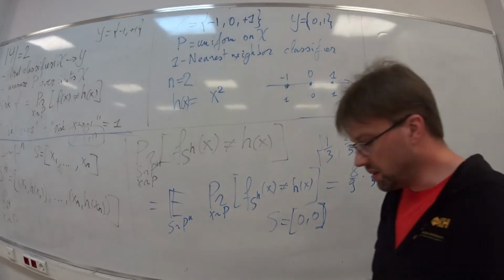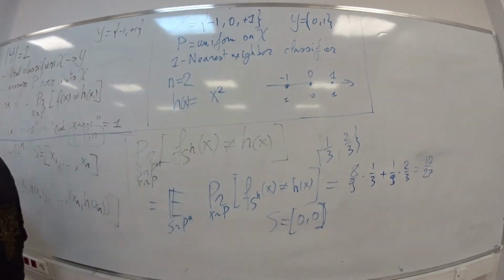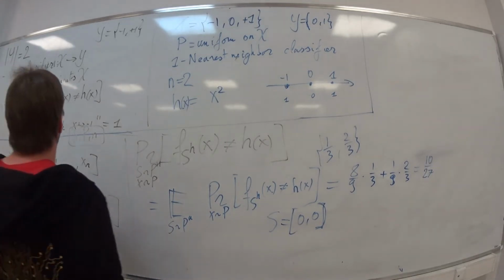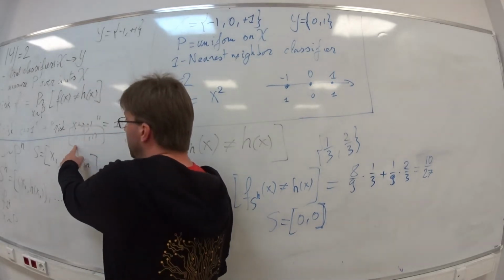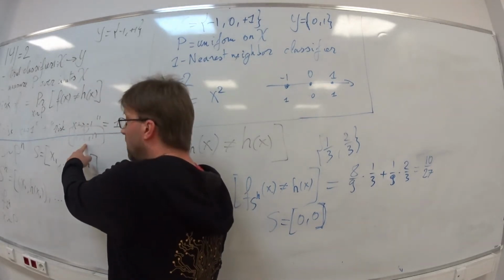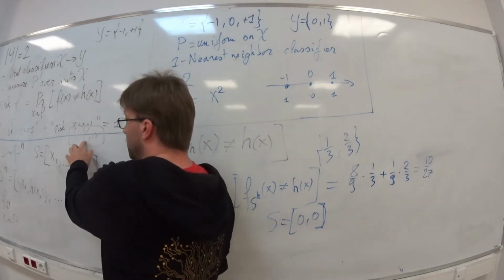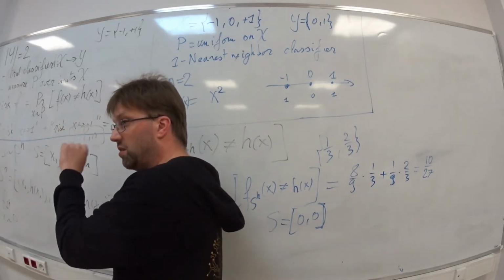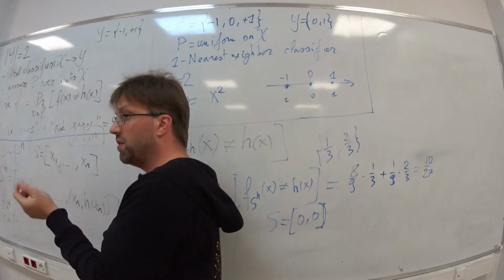So that's our example. But now we have a definition of performance of a learning algorithm. It depends on P and H, the true classifier. So we are in the realizable setting. Every input has a true label that we use for training and testing.